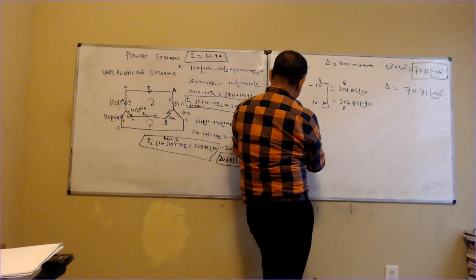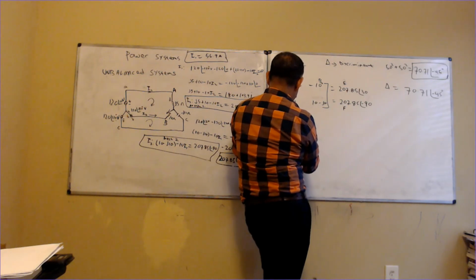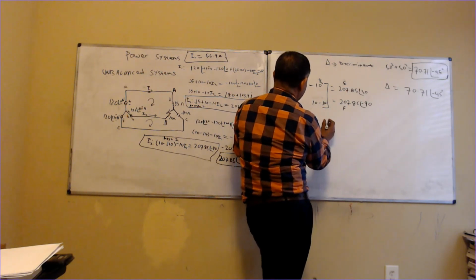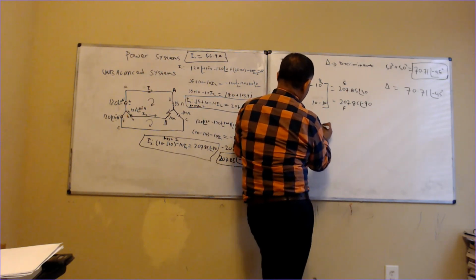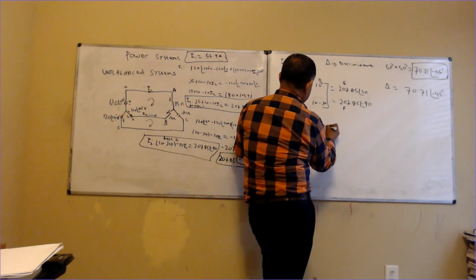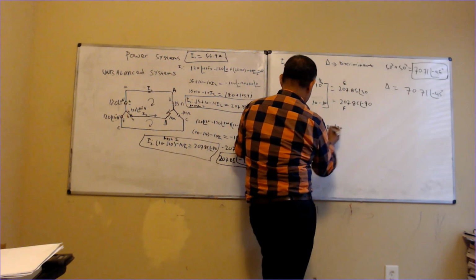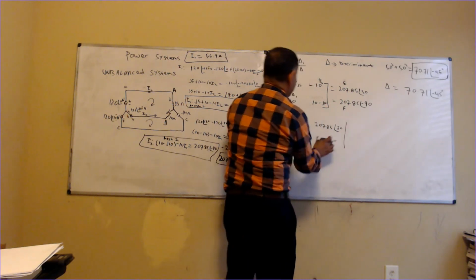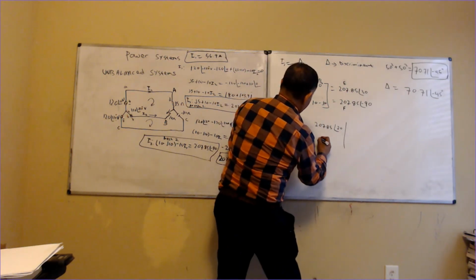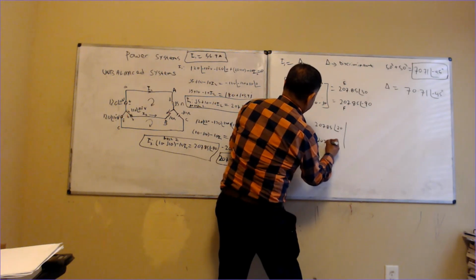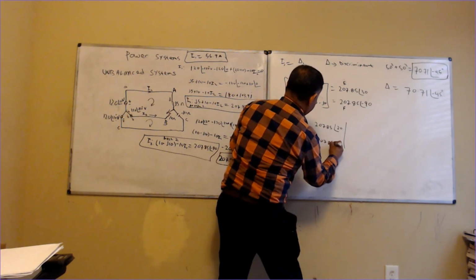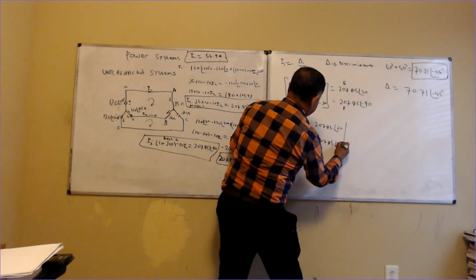Now we will have a 10 here, negative 10. And over here we'll have 207.85 at an angle of 30 degrees, and over here 207.85 at an angle of negative 90 degrees.